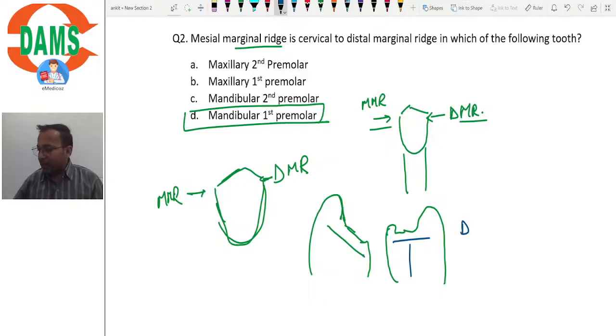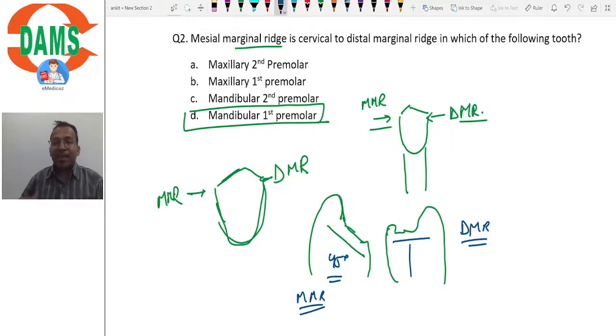So the distal marginal ridge is flat, whereas the mesial marginal ridge is at 45 degrees to the long axis, just like the anterior teeth. So it is not just apical to the distal marginal ridge, it is also angulated at a 45-degree angle, right?